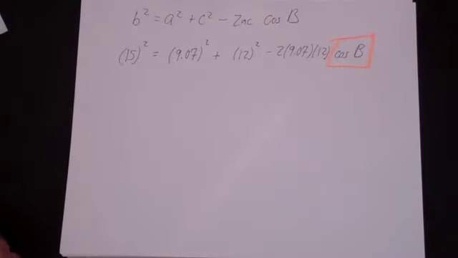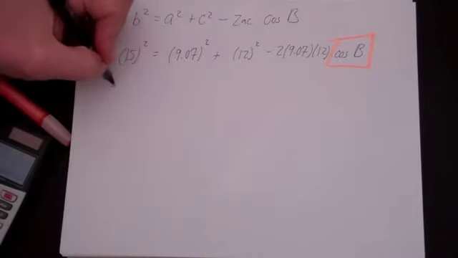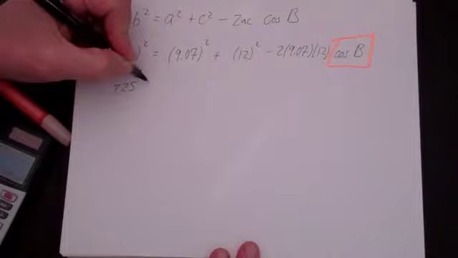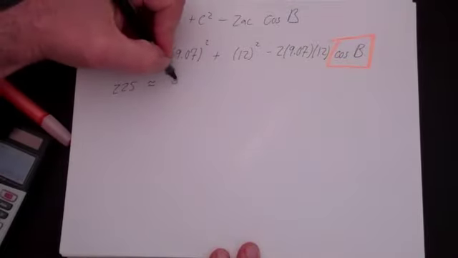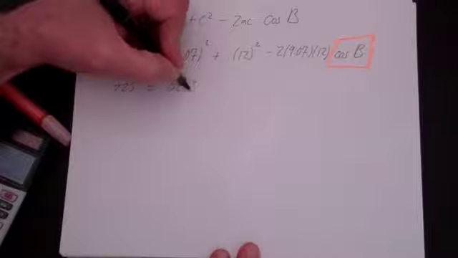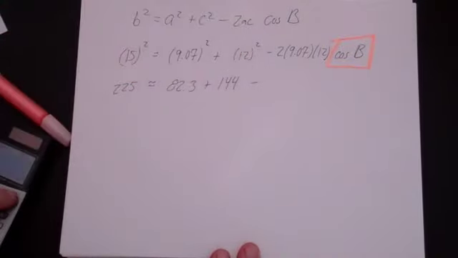Let's get the calculator to work. I think I remember that 15 squared is 225. I should use an approximation sign because that's actually an approximation there. That's around 82.3. That's 144. Let's see what this is.